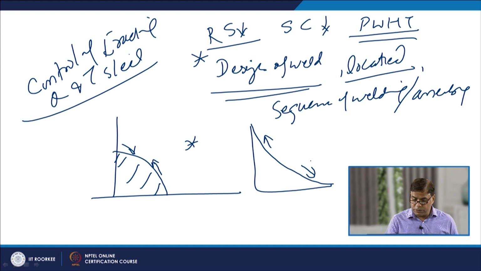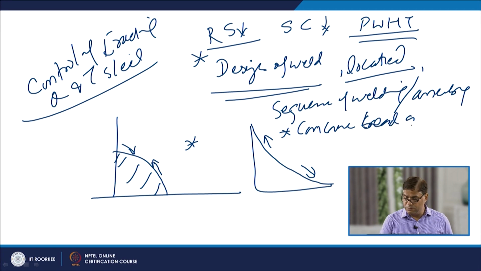So, concave bead geometry is to be avoided in order to reduce the possibility of the setting of residual stresses, and also reduce the possibility of stress concentration because of this concave bead geometry.